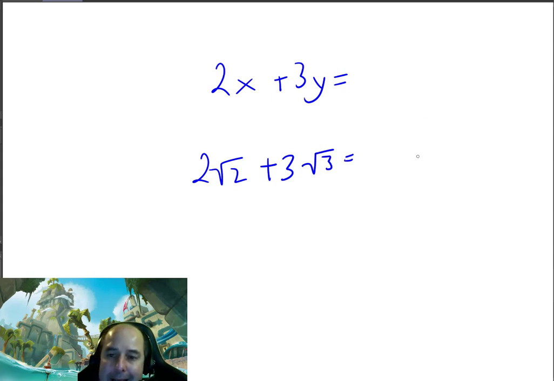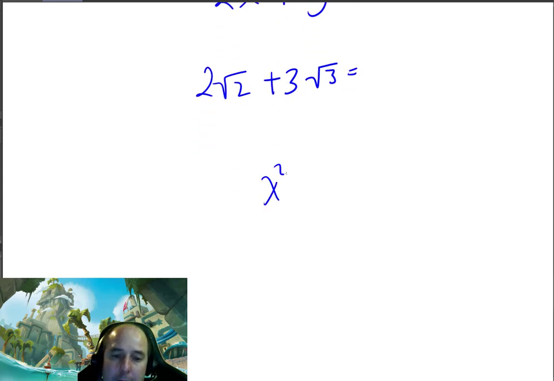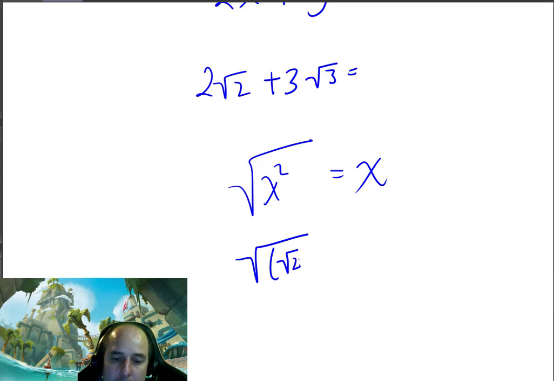Once again, let's say I had x squared, and I took the square root of x squared, I would get x. If I take the square root of the square root of 2, squared, the square root of that squared is just going to equal the regular square root of 2.